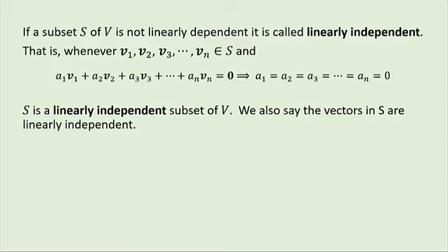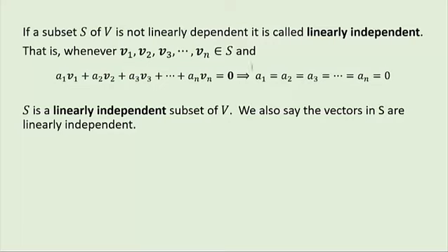If there is not a non-trivial solution, in other words, whenever you choose a finite set of vectors in S, write the linear combination a1v1 plus a2v2 plus a3v3, etc., and set it equal to the zero vector, there is no non-trivial solution.